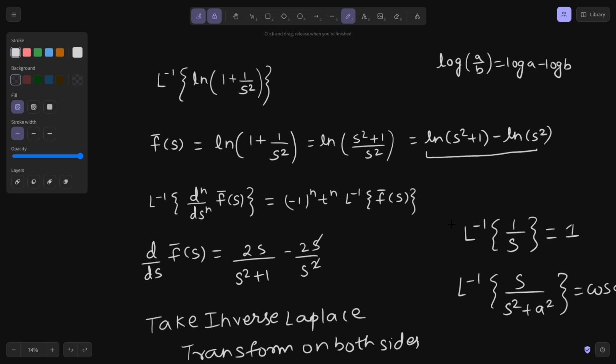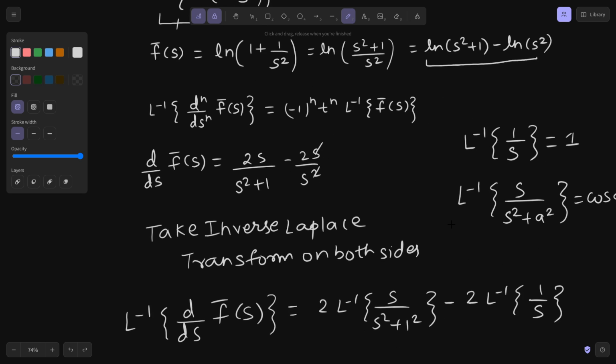So what we did in this problem was, first of all, simplify this using the property of logarithm. Then the first derivative of this function of s, whatever is inside the inverse Laplace, came out to be something which we can calculate easily.